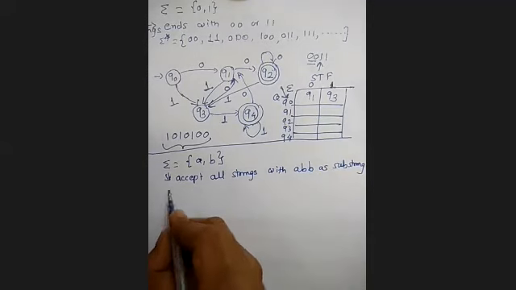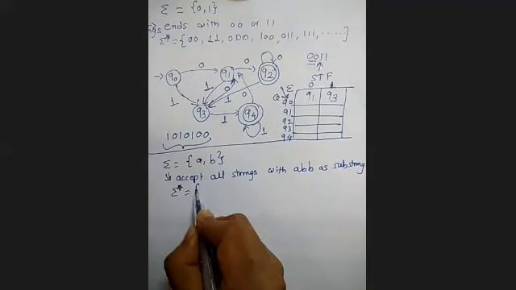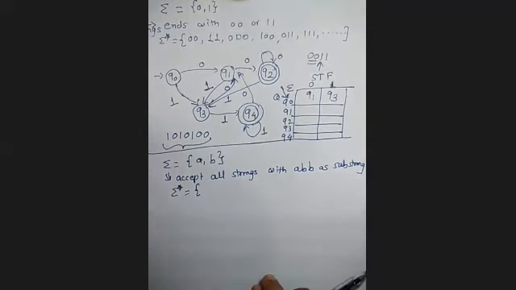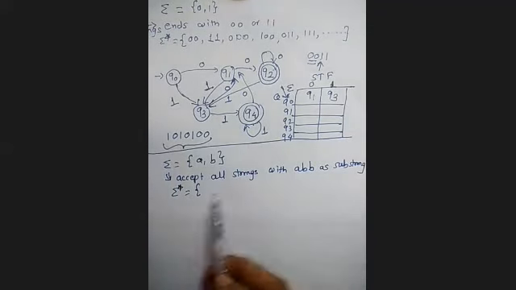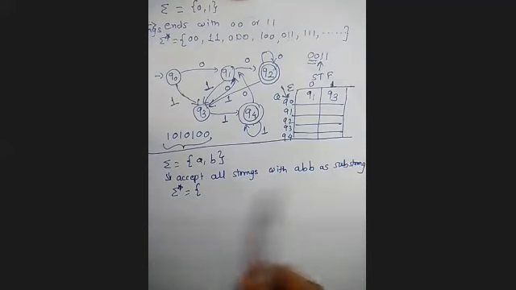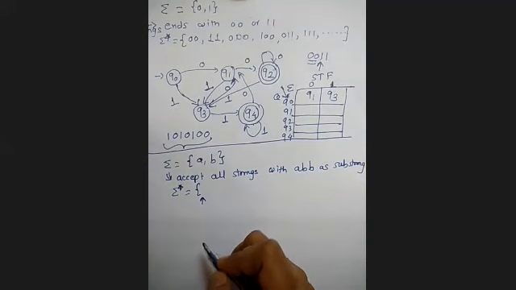Always try to imagine or visualize which type of string should be there. Then you can easily design this finite automata. So you have to accept all the strings with ABB as a substring. Can anybody tell me what minimum length string will come in this language?